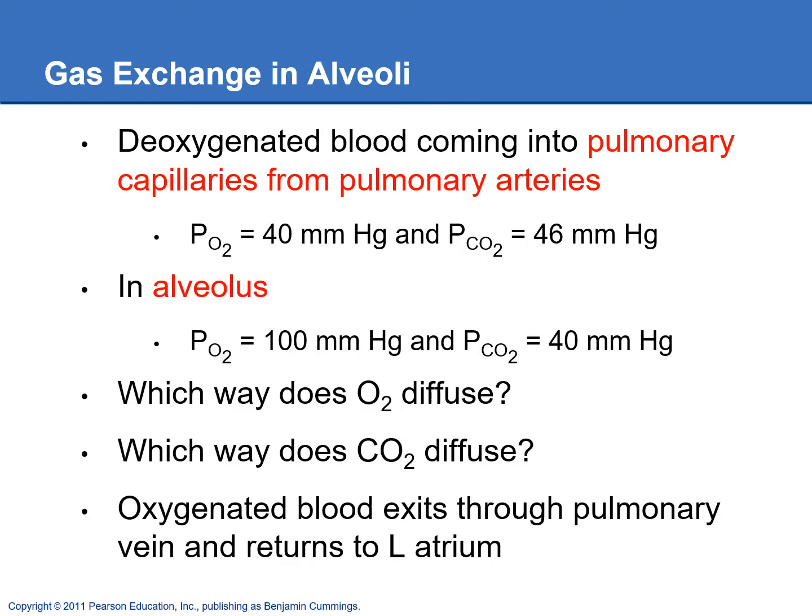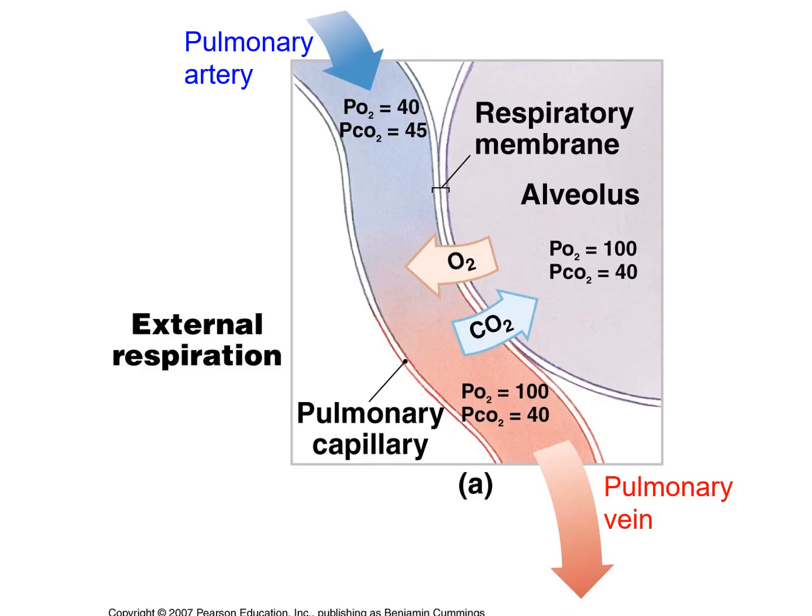Let's take a look at gas exchange in the alveoli. And this will be easier if we look at a picture. Deoxygenated blood from the right side of the heart will be pumped through the pulmonary artery to the pulmonary capillaries. And notice that the partial pressure of oxygen is much higher in the alveolus than it is in the deoxygenated blood coming in through the pulmonary artery.